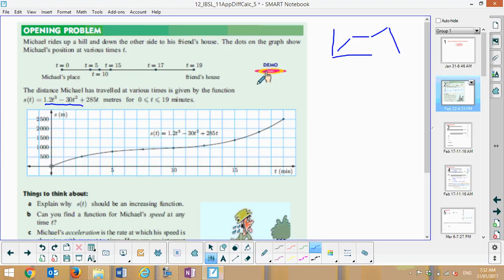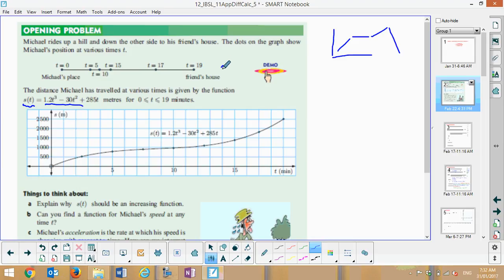So the dots on the graph show Michael's position. This is his position from leaving home, going up the hill and then down the other side of the hill. So we could do a straight line graph at t equals 0. This could be just like an x-axis, where here is the distance. And note, we're using s as a function of t for his distance.